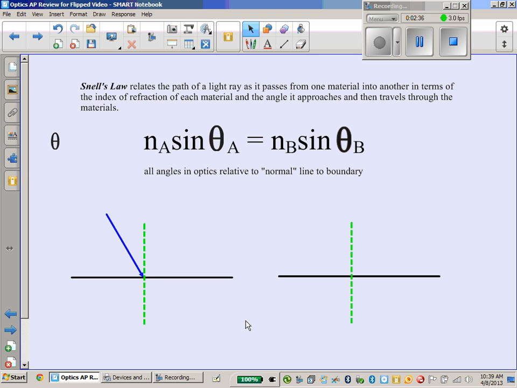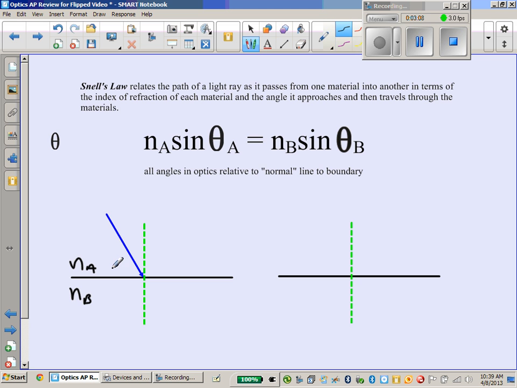So for example, I'm going to try something new here. If I have the material over here, Na, and sometimes Mr. Horgan, I think, put N1 and N2, and then we have NB.